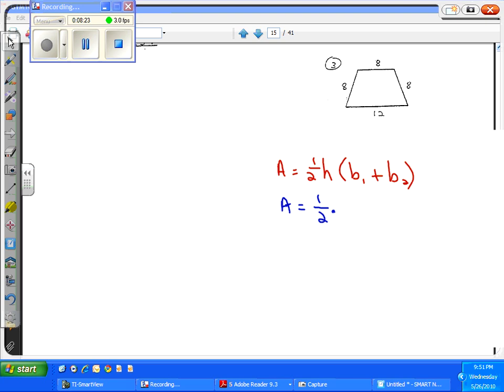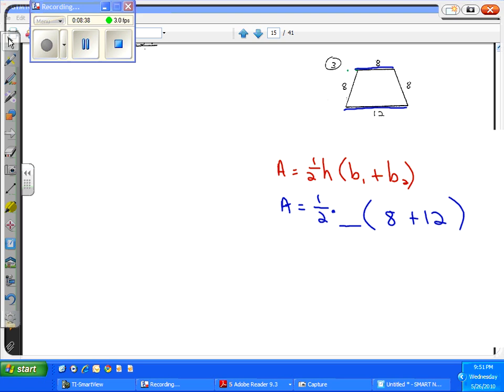And so we get area equal 1/2 times the height times the sum of the bases. Upper base is 8, lower base is 12. We don't know the height.